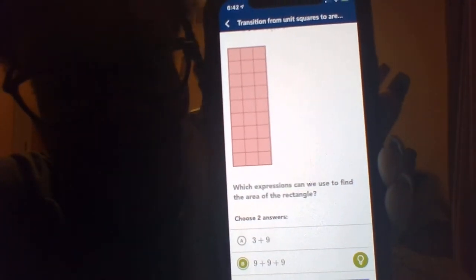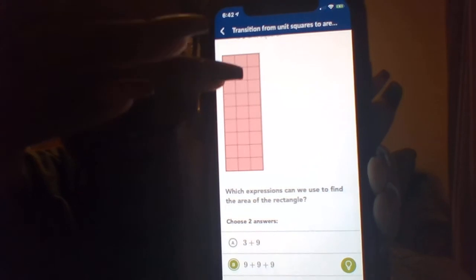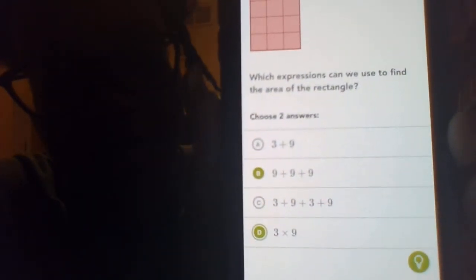But we could have also thought of it as 3 groups of 9. So 1 9, 2 9, 3 9. That is 3 nines. That is where that expression 3 times 9 comes from. So our true answers are going to be B and D.